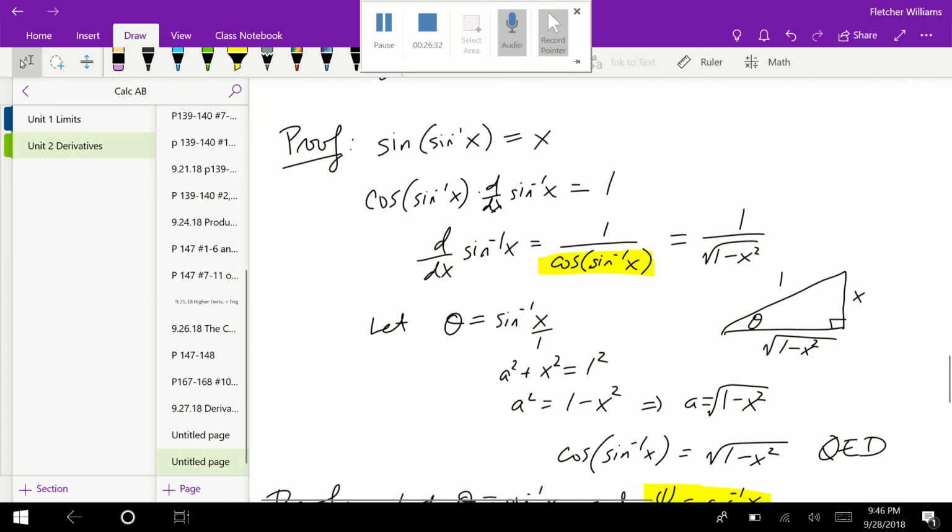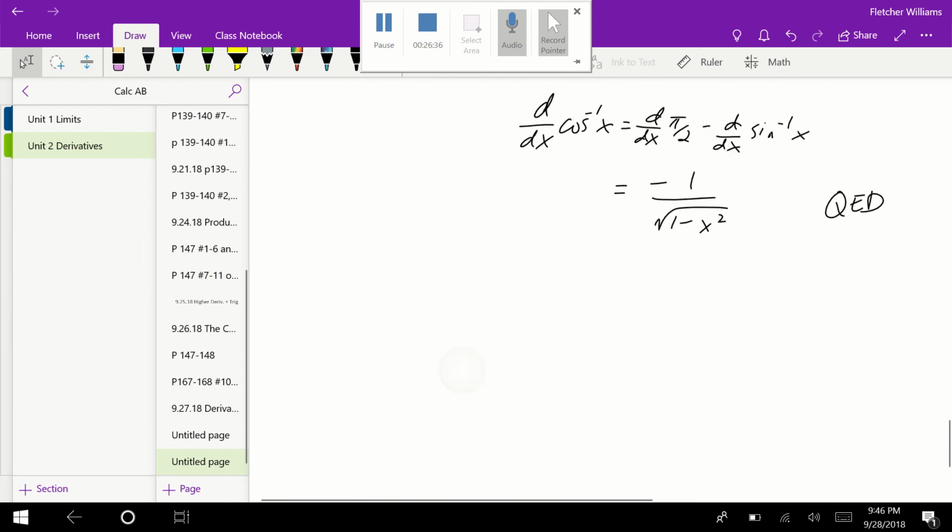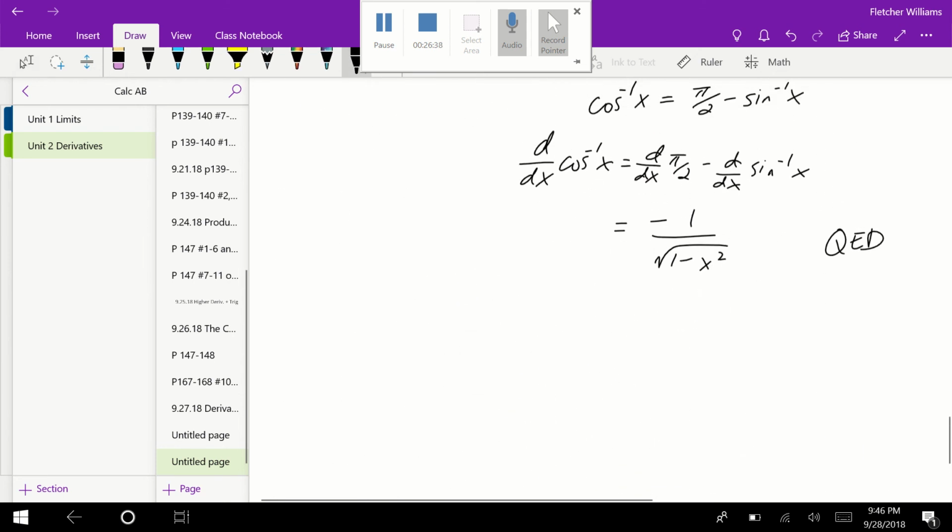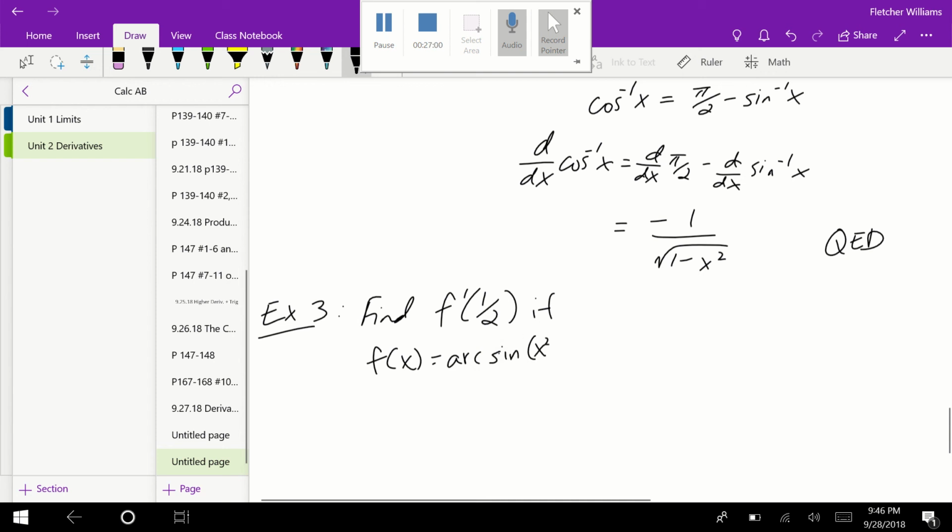Alright, a couple more problems. So, let's see. Another example. Find f prime of a half if f of x equals arc sine x squared.